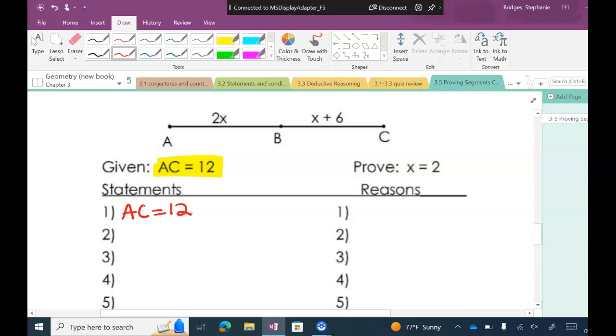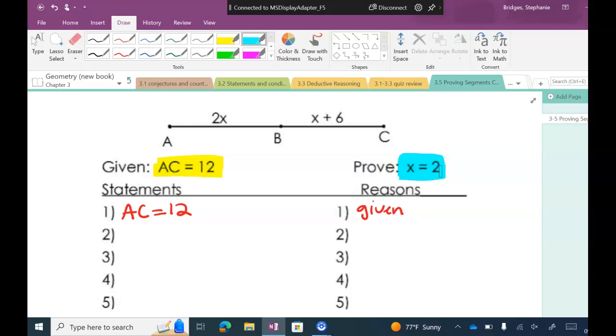AC equals 12, right? And what's the reason for that? Because it's given. I should never have to think about that first step. It's always the given part. The last statement, we're not there yet, but my last statement is going to be what I'm trying to prove. Okay, so keep that in mind. That very last statement should be what we're trying to prove.